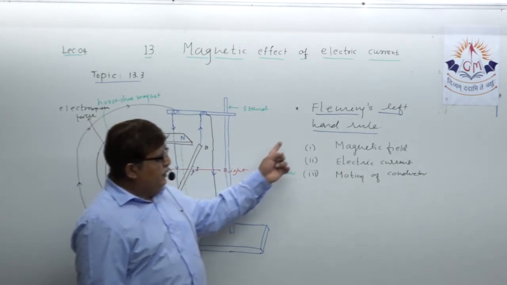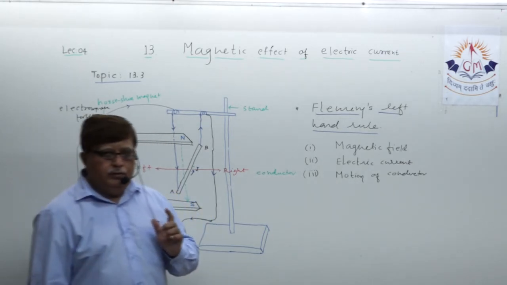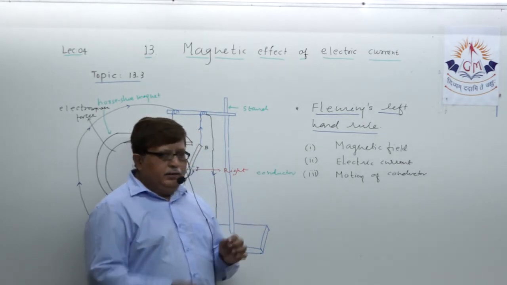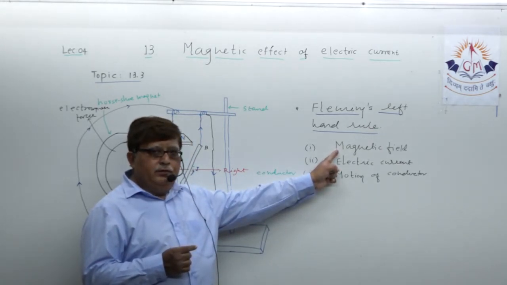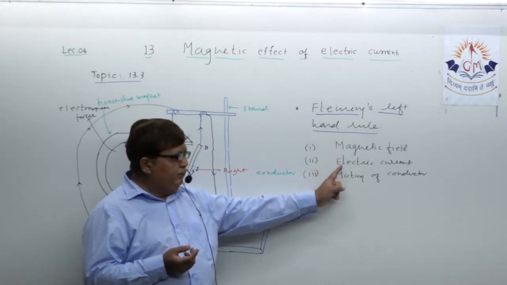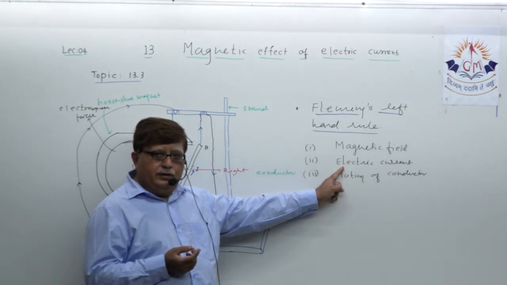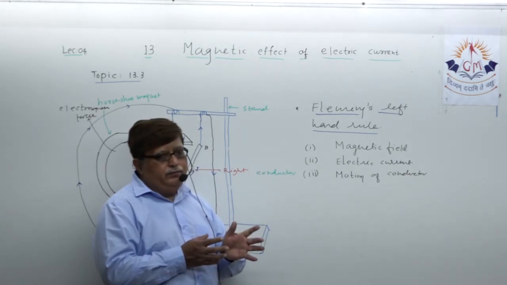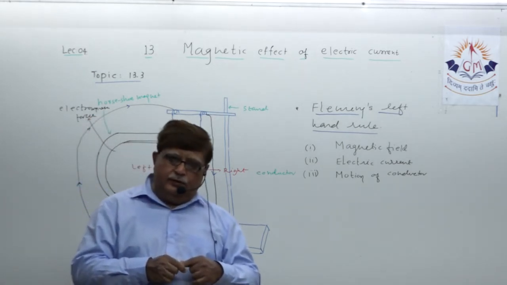First, Fleming's left hand rule explains the relation between the direction of magnetic lines, magnetic field, direction of electric current, and direction of motion of the conductor. Understood?